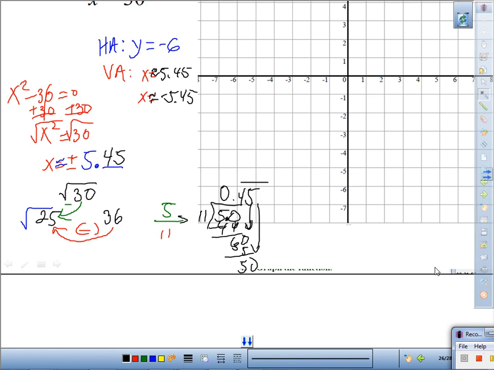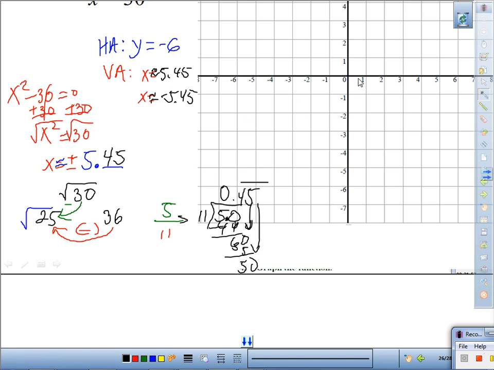There's the work. And if you got y equals negative 6 for our horizontal, vertical approximately 5.45. Some of you rounded to 5.5. That's fine, I guess, since we're doing approximations.